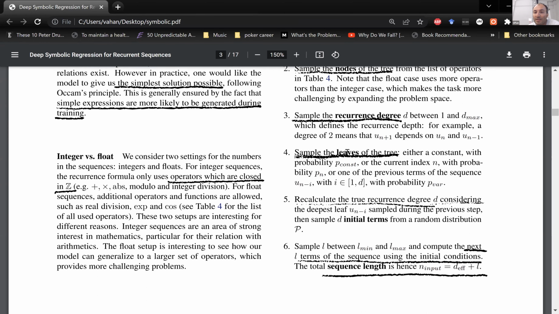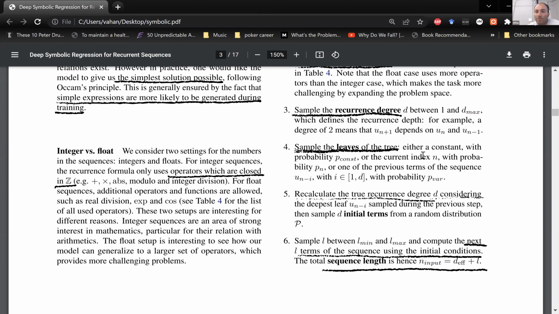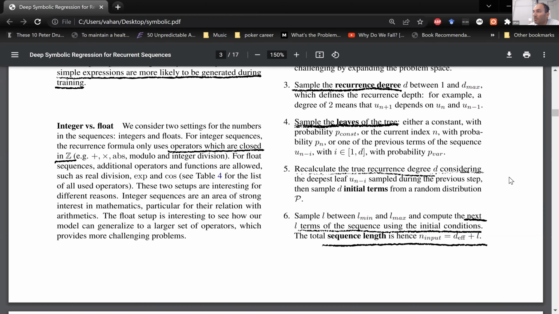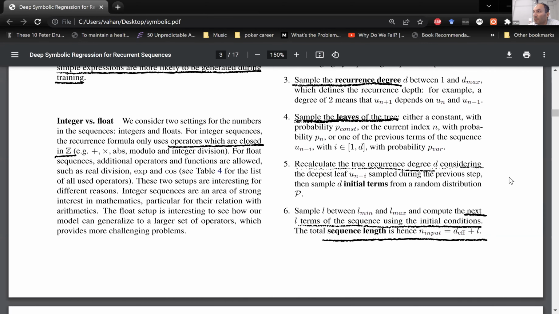Then you sample the leaves of the tree, so basically where it ends, which can be a constant or a probability. No, the probability is whether it's going to be a constant or one of the indexes of the degree of the recurrence step. Yes. So for example, if your current step was 2, you could either have a constant or 0 or 1 or 2, whatever the index is.